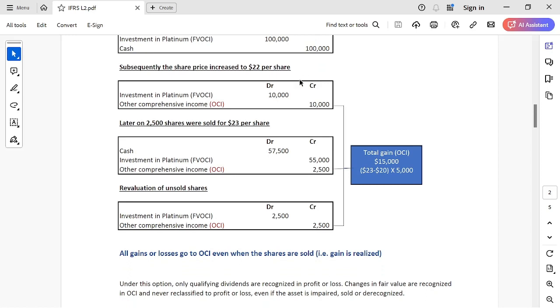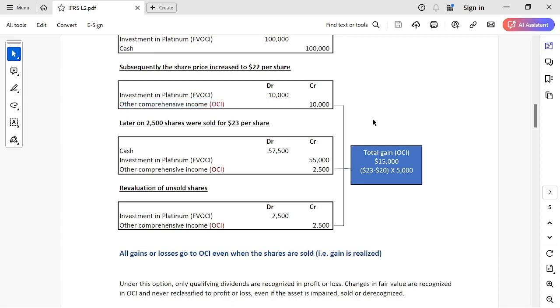What happened? $2 and a gain. So investment is debited for $10,000, which is increasing the share price by $2 multiplied by 5,000 shares. Instead of the credit going to profit or loss, it is going to go to OCI for the 10,000.